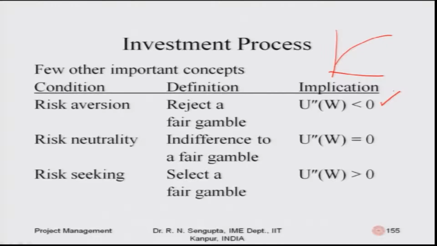If it is a risk neutral person, the straight line, the person is indifferent between the fair gamble and the certainty event, because here the double derivative is 0. Similarly, for the third example, if it is going up, then the double derivative is positive.